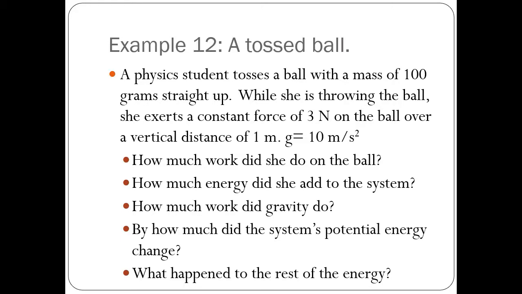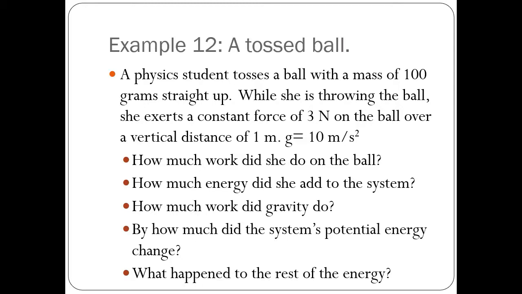And gravity is acting over a distance of 1 meter as well, so that's 1 joule of work. Gravity did negative 1 joule of work, because it was an internal force within the system.